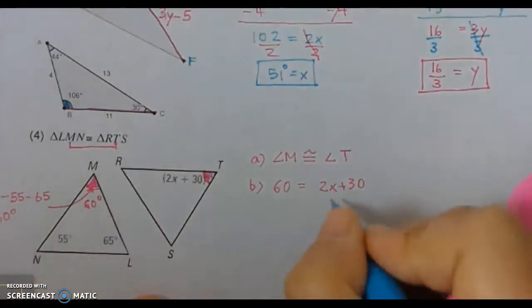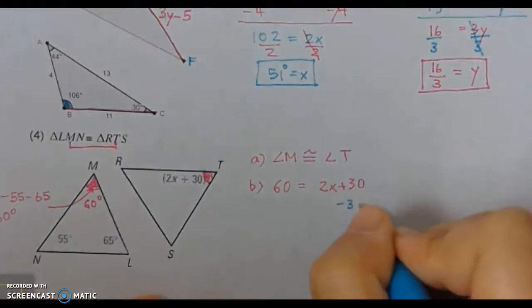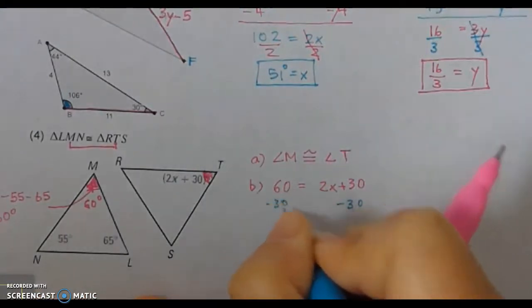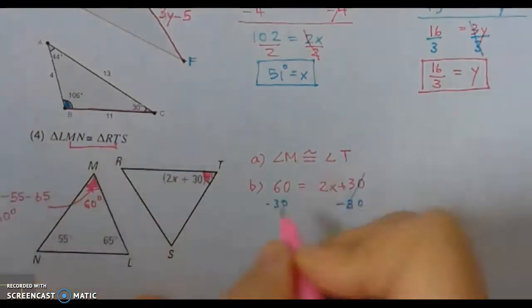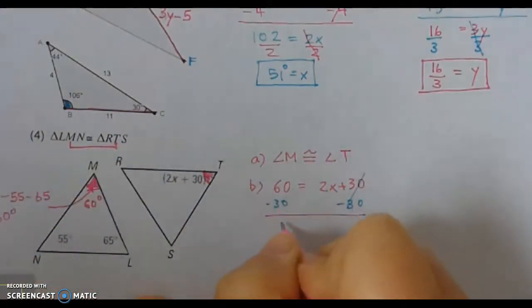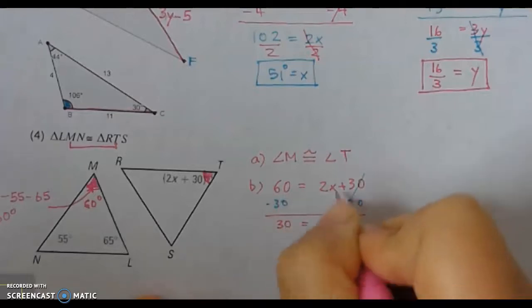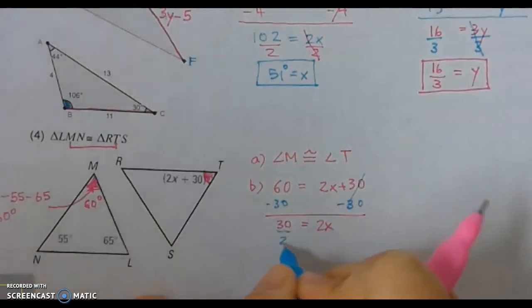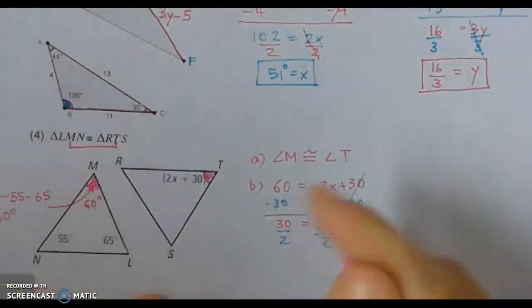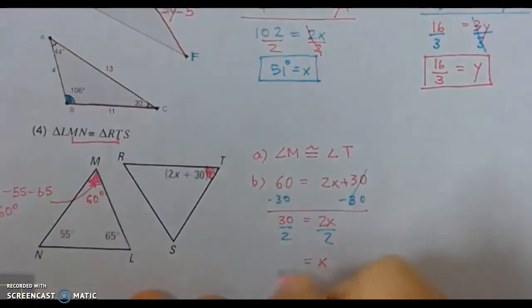And from here, I add and subtract first. I subtract 30 from both sides. And that leaves me with 60 minus 30 is 30 on the left hand side is equal to 2x. Then I divide both sides by 2. And that leaves me with x is equal to 15, and I am done.